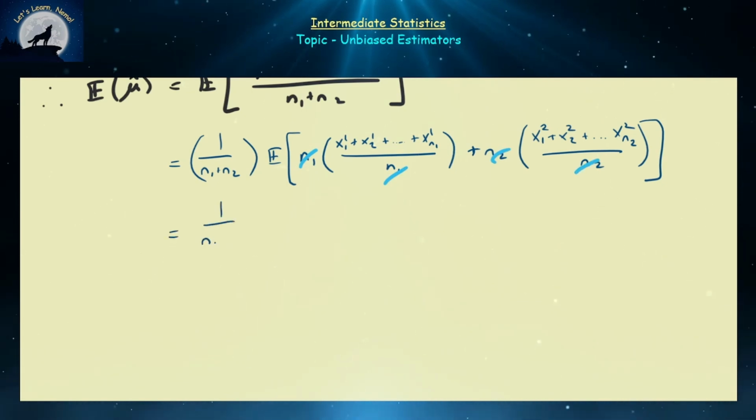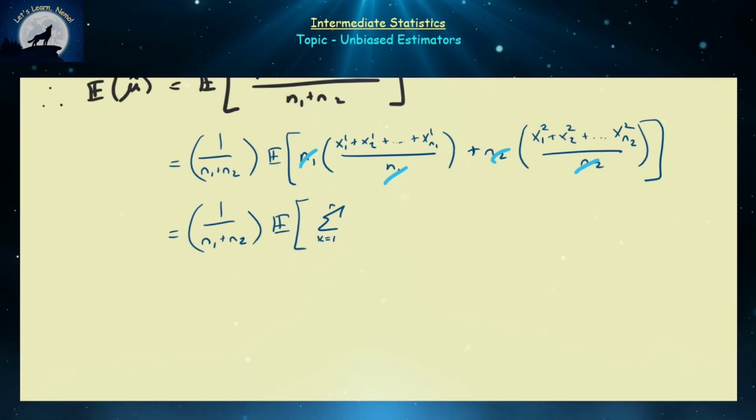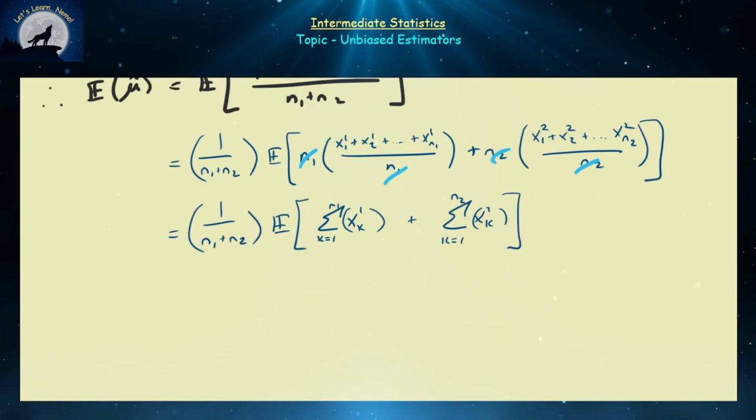So we're going to have 1 over n1 plus n2 times the expectation of the sum from k equals 1 to n1 of x1k, and then the sum from k equals 1 to n2 of x2k. And then we can distribute our expectation over the sum of the sums, and then within each of those sums.